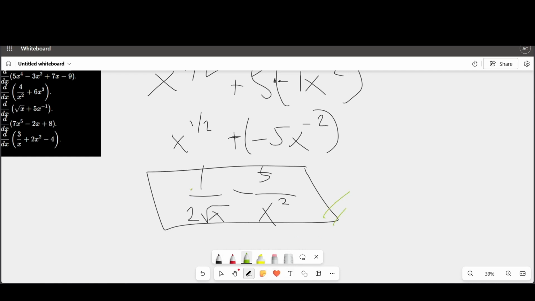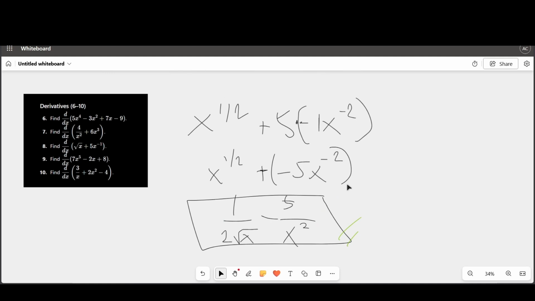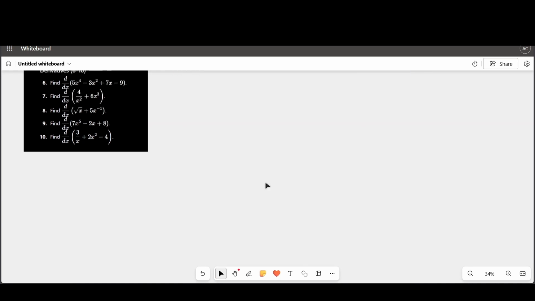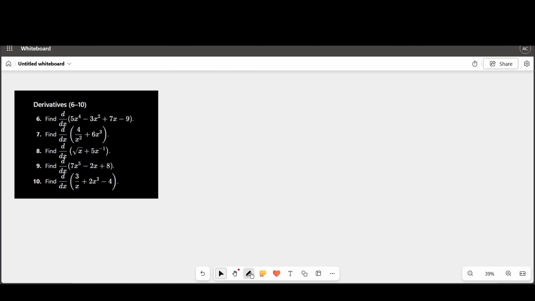Okay. So now let's solve for number 9. So we have 7x to the power of 5 minus 2x plus 8. This is going to be a fairly easy one because there's no special cases unlike number 10 right here.